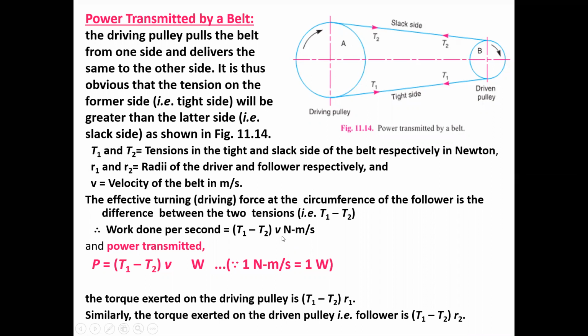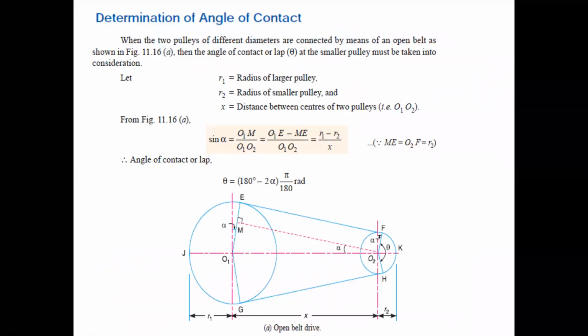So P equals (T1 minus T2) into V. Work done is represented with units of Newton meter per second, and power is represented in watts. So if you want to find the power transmitted by the belt drive, simply take the formula (T1 minus T2) into V.